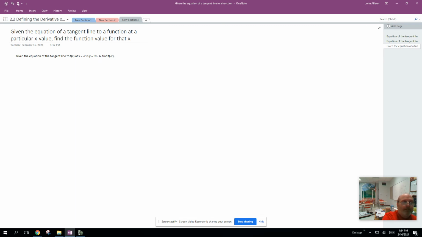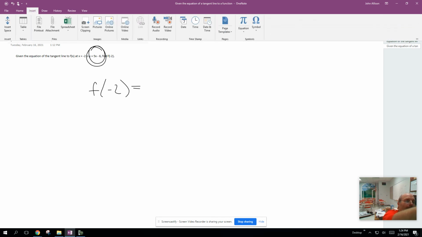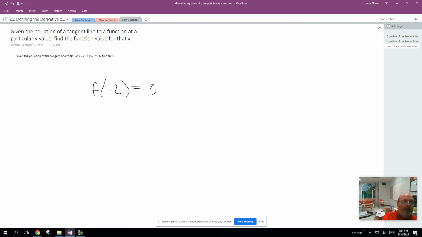So f of negative 2 has to be equal to the same y value that you get when you plug in negative 2 to the tangent line. So we're just going to plug that in and get negative 16. And that's how we do that.